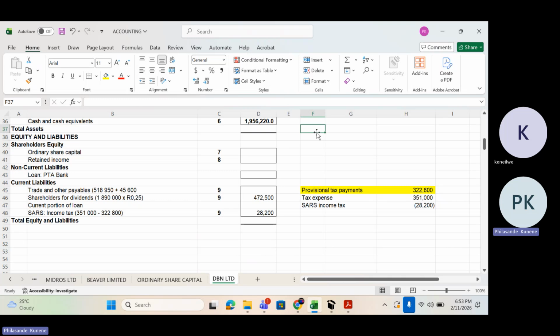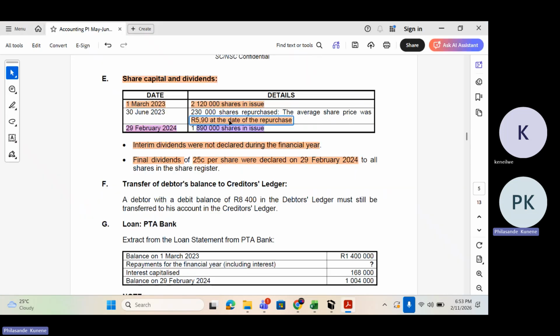So this is our shareholders for dividends. At the moment, looking at the information that we have here for ordinary share capital, this was shares issued at the beginning. We're not interested in those ones that much. Then on the 30th of June 2023, 230,000 shares were repurchased. The average share price was 590 at the date of repurchase. And then on 29 February 2024, 1,890,000 shares in issue.